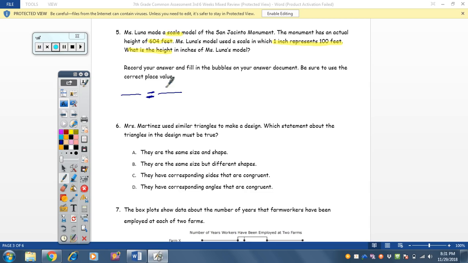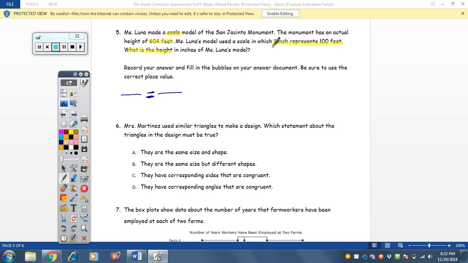If you see the word scale, it's either a proportion or it will have the words scale factor. The words scale factor are not in this problem. Scale is, not scale factor. So you are going to have to set up a proportion.